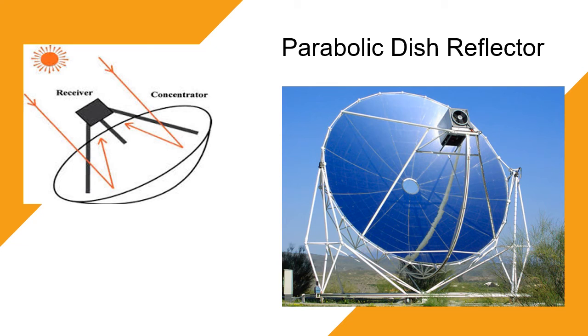Usually, losses in this technology are associated with the imperfections of dish alignment and the non-ideality of reflection. This technology can be used for both large-scale power plants, with many dishes grouped in an array, or autonomous small-scale power generation systems.